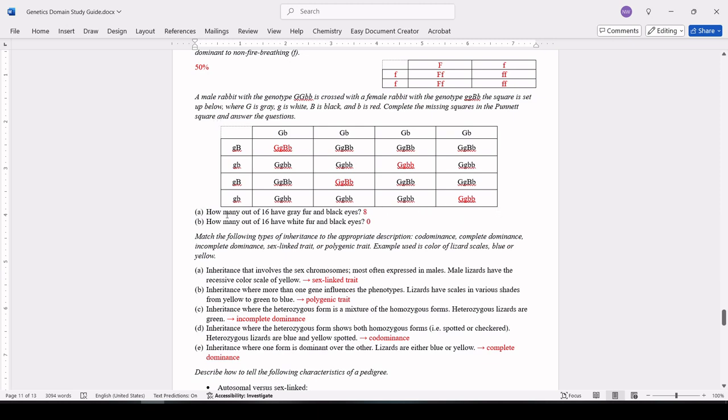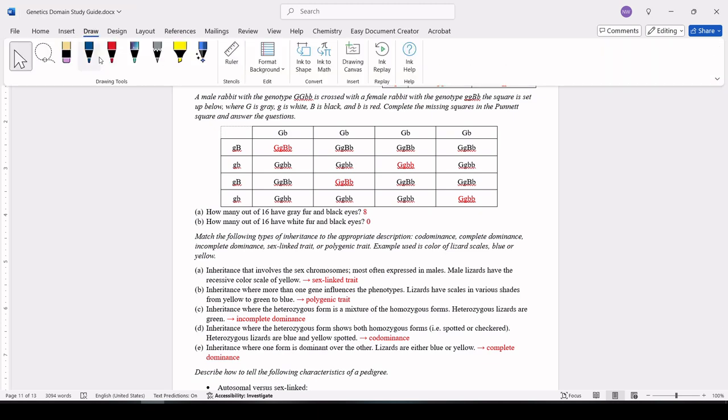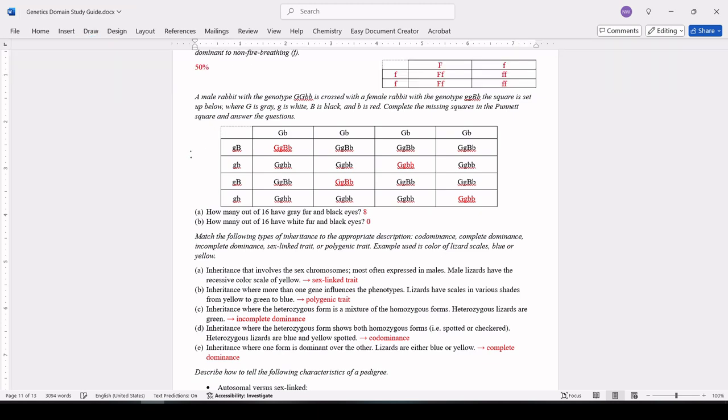Then for part A and B, I look at the letters. So gray and black are both dominant, so they only have to have one of each letter. So I'm going to count the boxes that have one capital B and one capital G. So this one does, this one does, this one does, this one does.